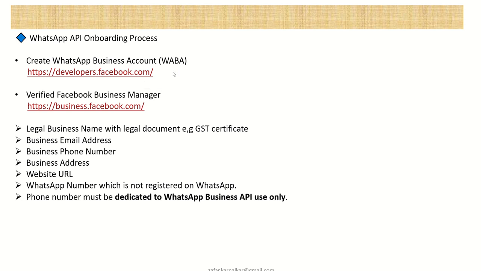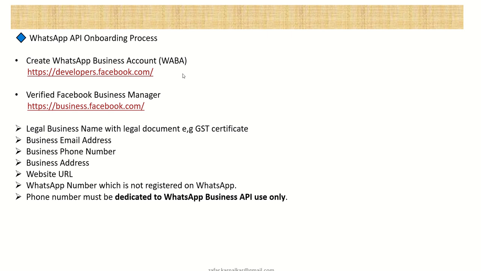We can also call it the Meta account, the Meta WhatsApp business account, and we must have a verified Facebook business manager. For business manager, we go through business.facebook.com. So whether you are going through Meta or BSP, for production use, we must have a WhatsApp business account on Meta and a Facebook business manager account.